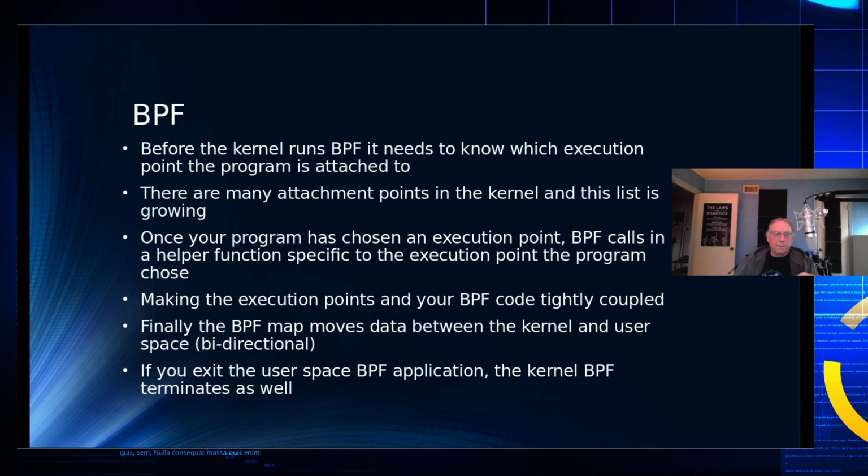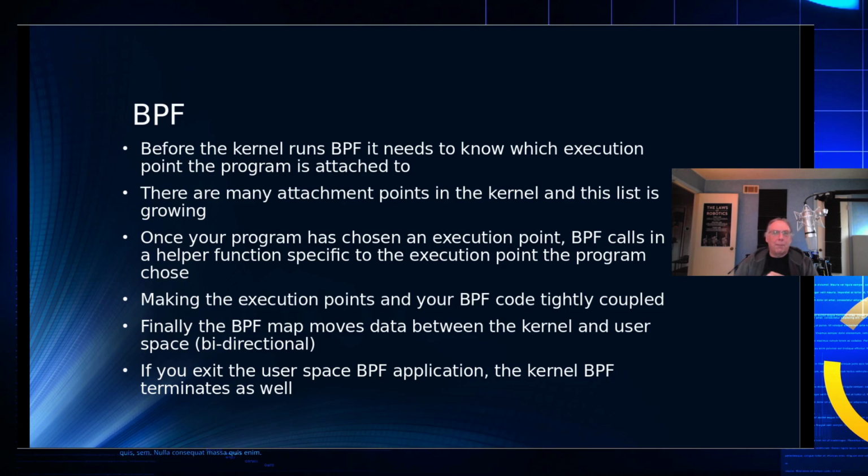So before the kernel runs the BPF, it needs to know, let's talk about that execution control point a bit. These are attachment points within the kernel, and that list is growing. There are literally thousands of control points that you can attach to. So once your program is chosen, that is, you have chosen an execution point, I'm not going to get into all of those today.